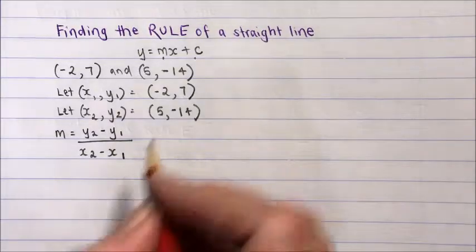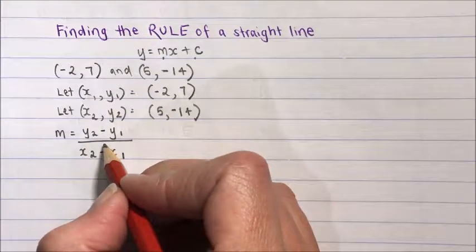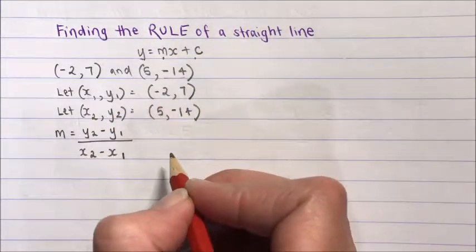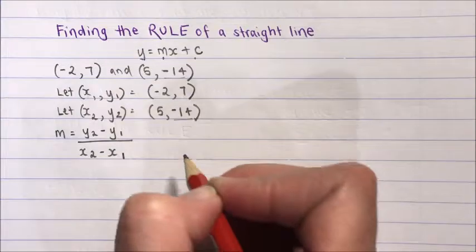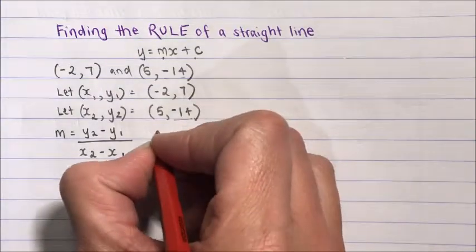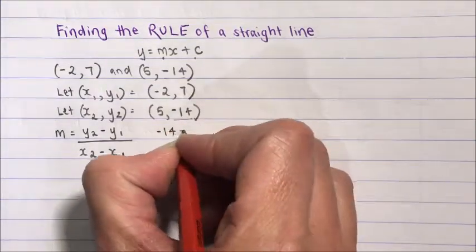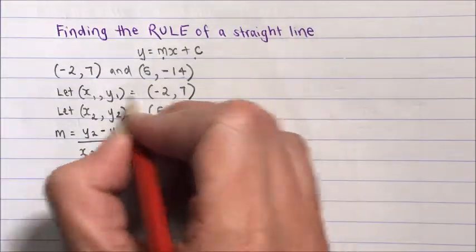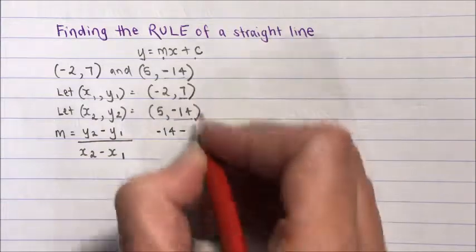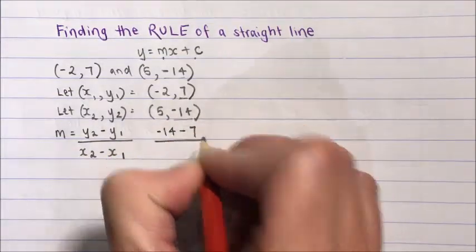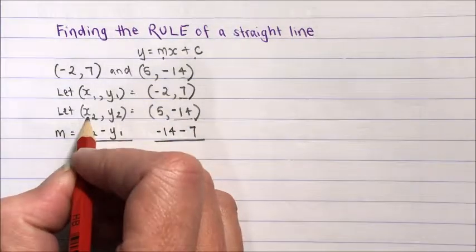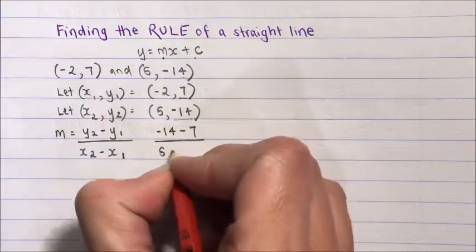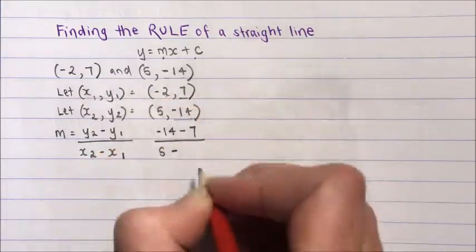Now we're going to pay super attention to detail, substituting this in. So the gradient of this line is going to be y2. Okay, we've got -14. -14 is y2, minus y1. Here's y1, 7. Divided by x2 minus x1.